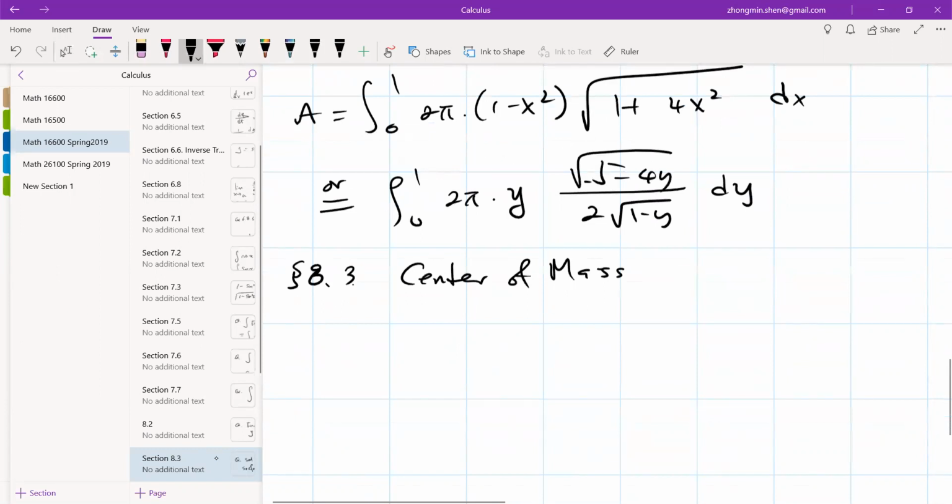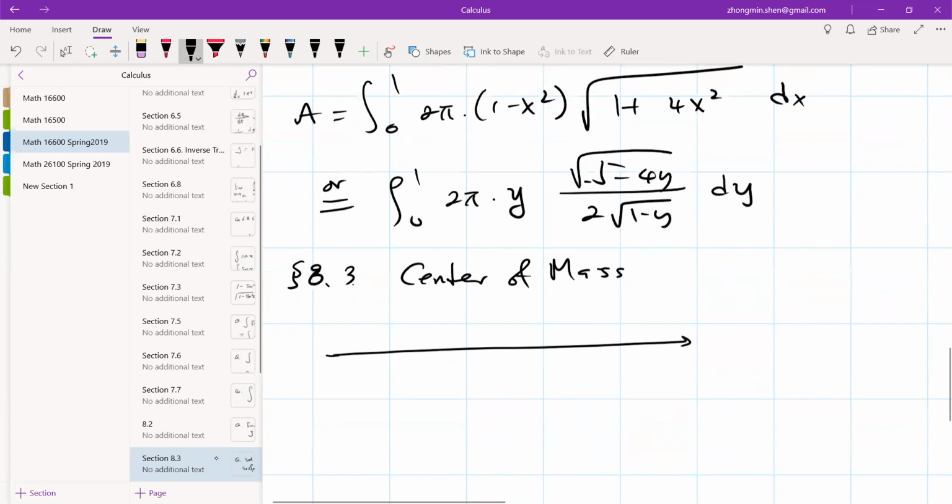Okay. So suppose I have a bunch of points, in the one-dimensional case. First of all, let's look at the discrete data.